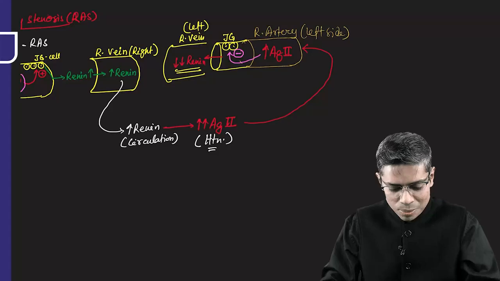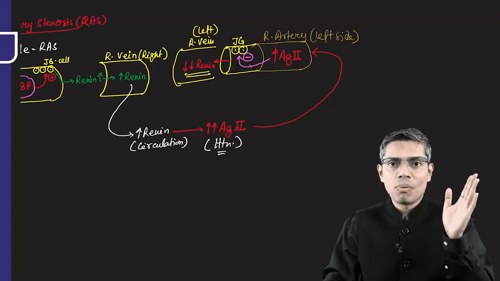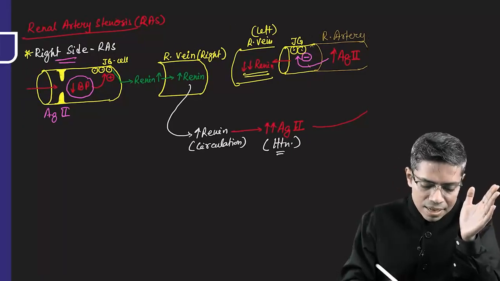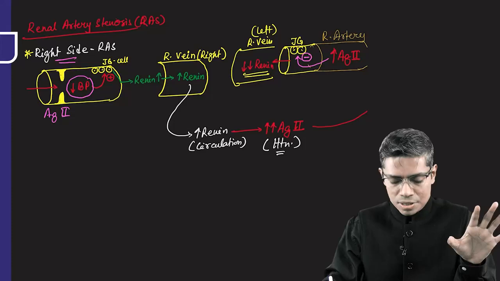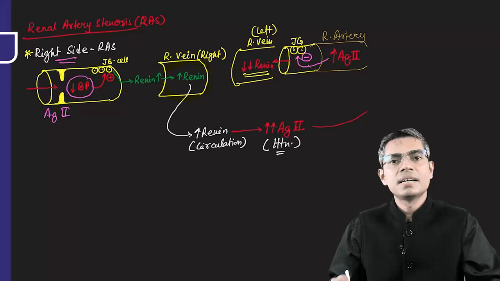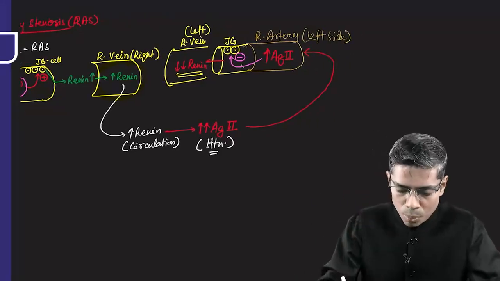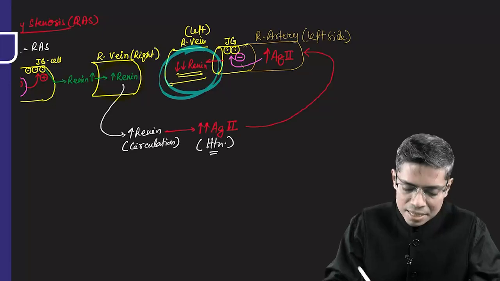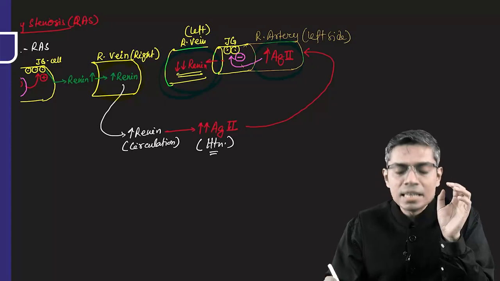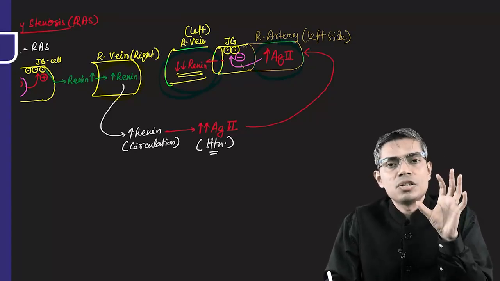So now you look at, whenever there is a stenosis on one side, here in these cases, right-sided renal artery stenosis, renin level is very high in the same-sided renal vein, but the opposite-sided renal vein renin level is low. This low is due to inhibition by the high level of systemic angiotensin 2.